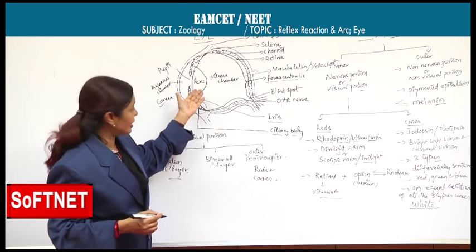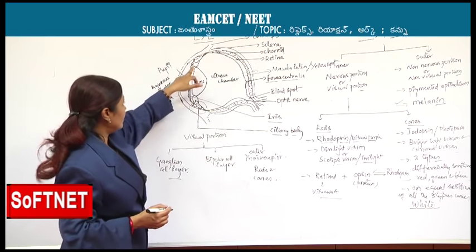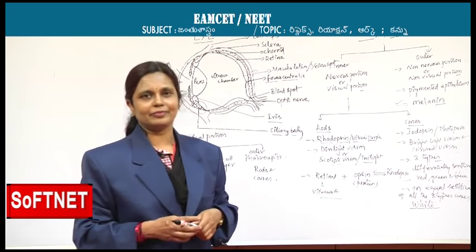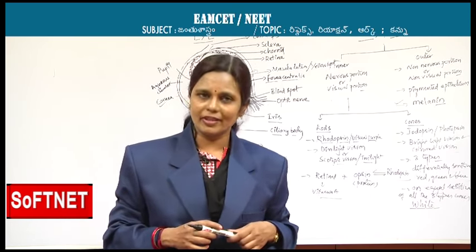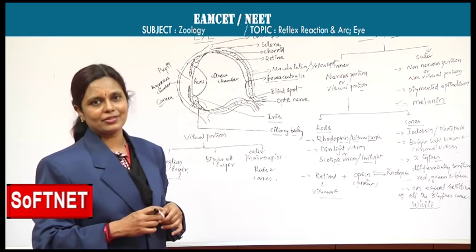Present in the cavity of the eyeball, held in position or suspended by the ciliary process, there is a transparent and biconvex non-vascular structure, nothing but the lens.